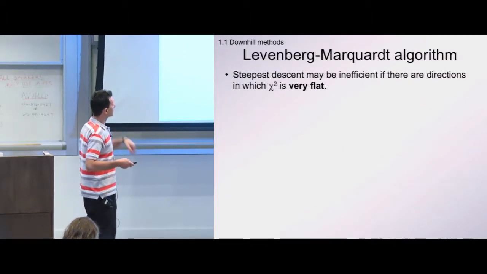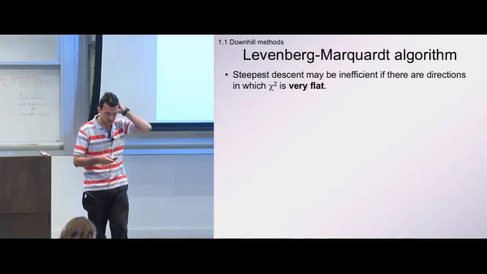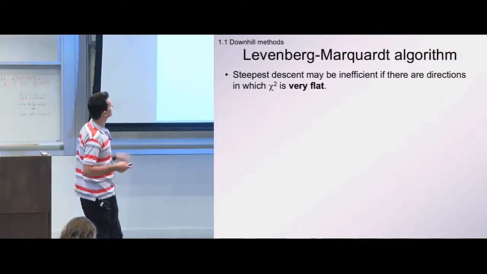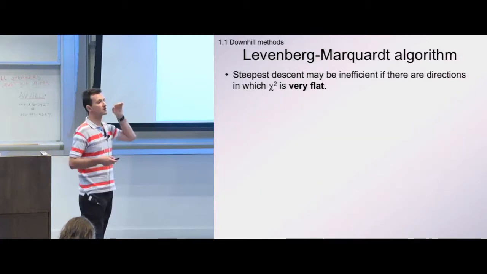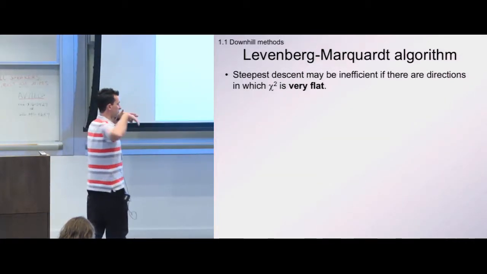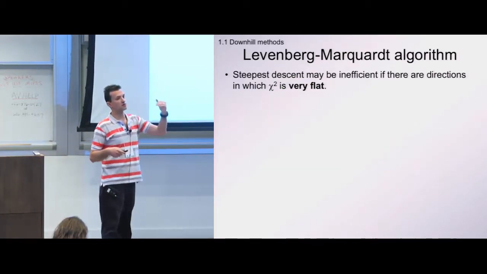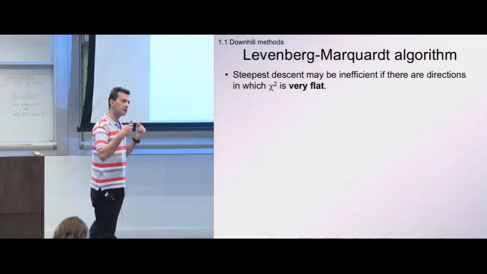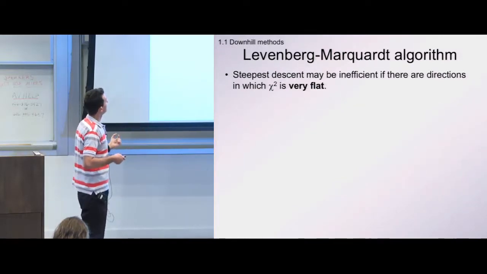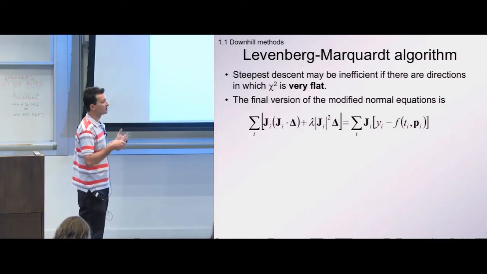Okay. There is a further optimization of this method, which is called the Levenberg-Marquardt method. This takes into account the fact that if you're on a very shallow surface and the gradient is very, very small, then your progress will be very, very slow. So in this case, it's better if you normalize this lambda term with the chi-squared gradient squared.